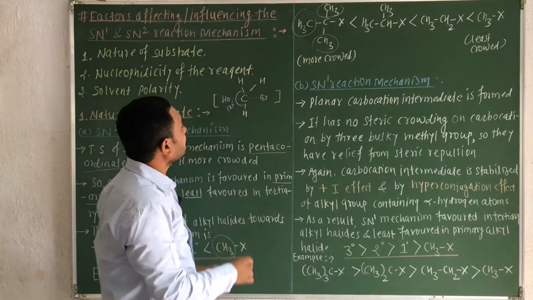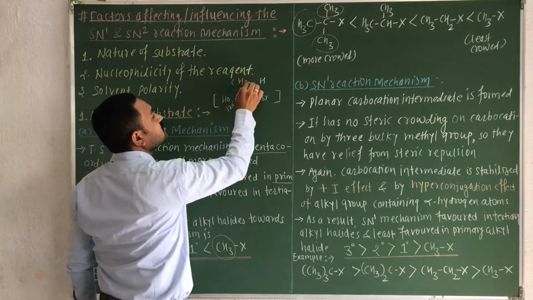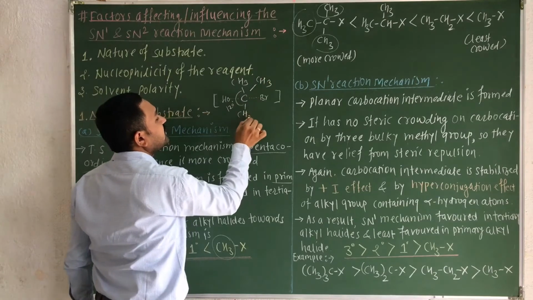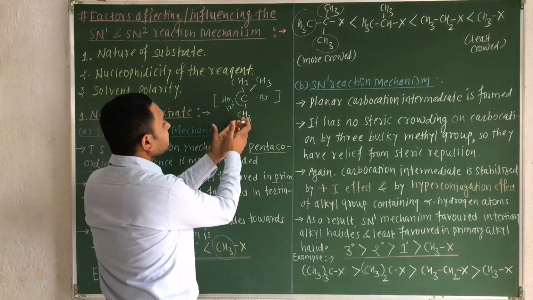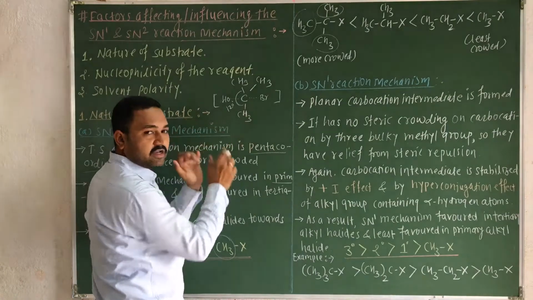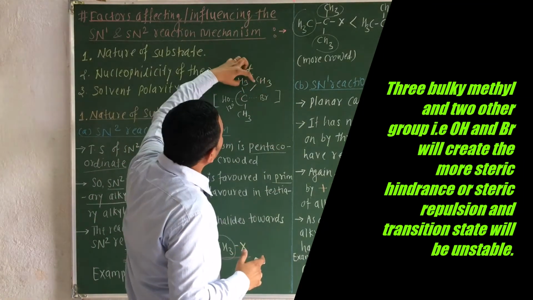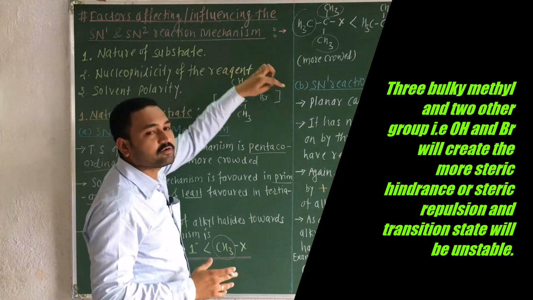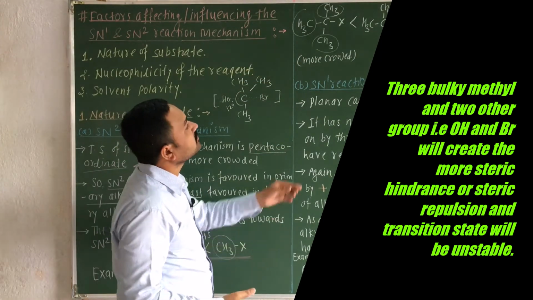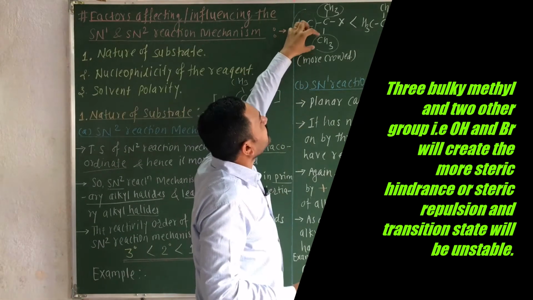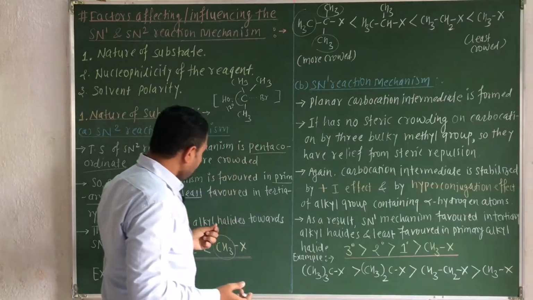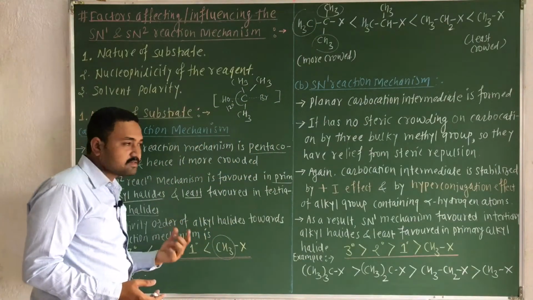That will have more bulkiness. Now CH3, CH3 and CH3. Again the C-OH bond will arrange here. That means the bulkiness or the steric hindrance of this particular group will increase. So that's why it is a less favored reaction for the SN2 mechanism.